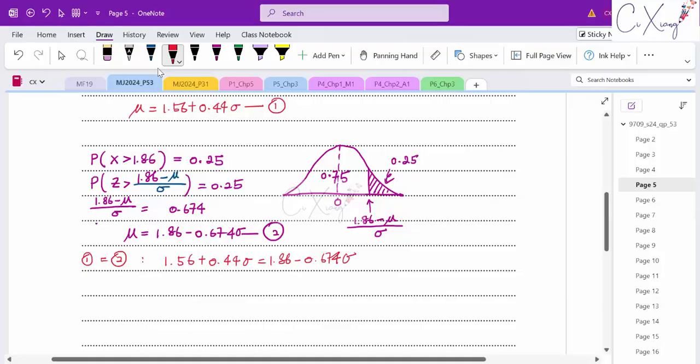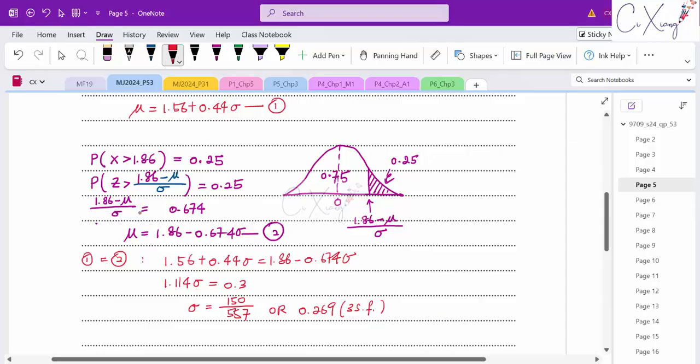Then by right you should have 1.114 sigma equals 0.3, and the sigma that I get here will be 150 over 557. Of course, if you want, you can make it 3 significant figures, but for the 3 significant figures, I will put it as the final answer later.